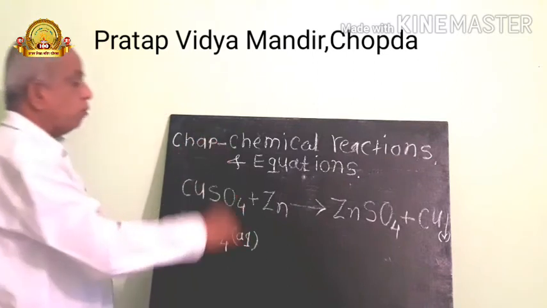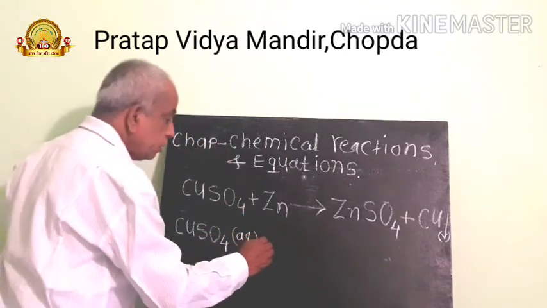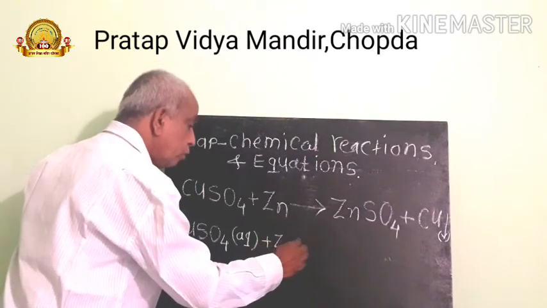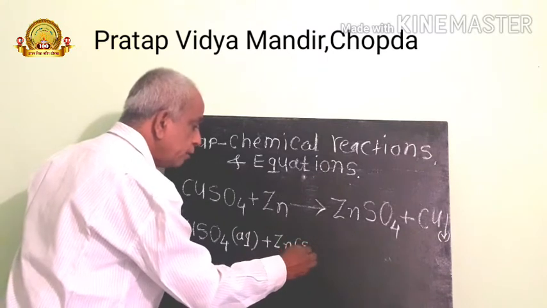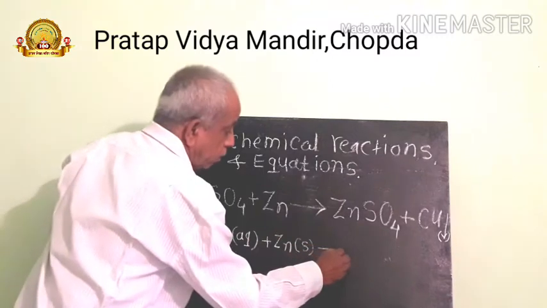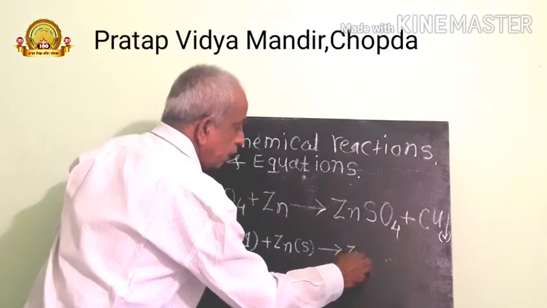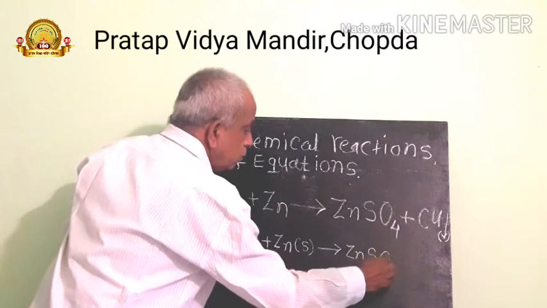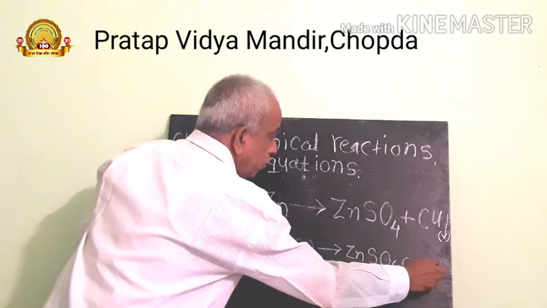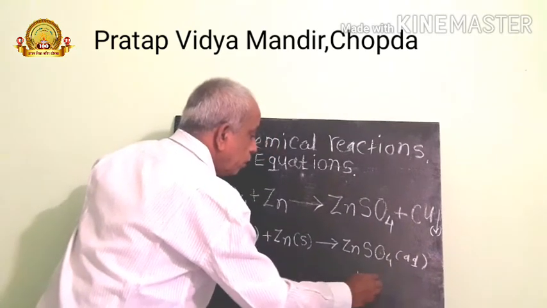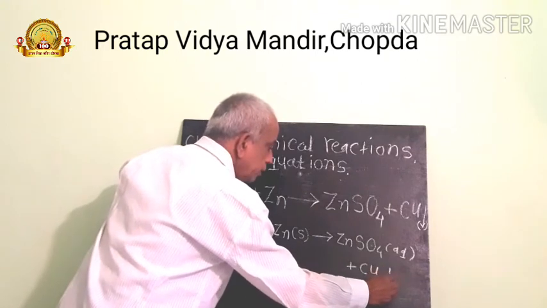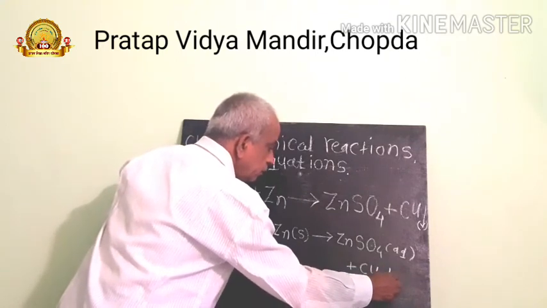Aq means aqueous. Whereas zinc is in solid state, so write here zinc as s. At the product side, zinc sulfate is aqueous, whereas copper is in precipitate form, hence write this in this way.